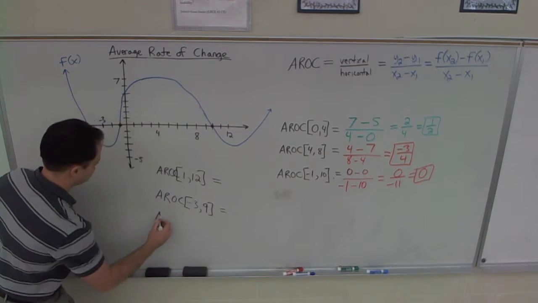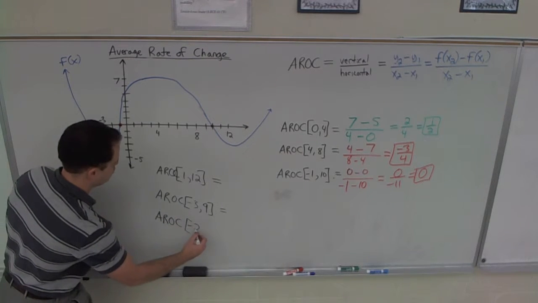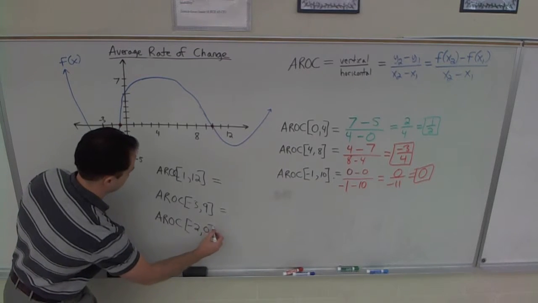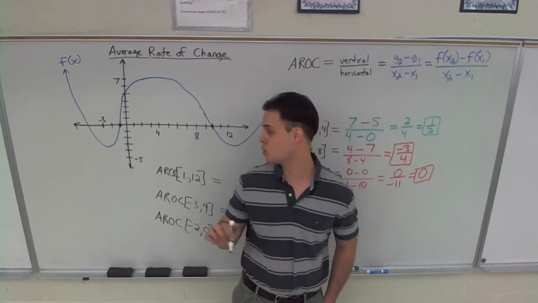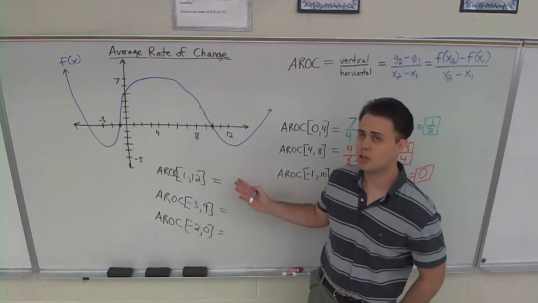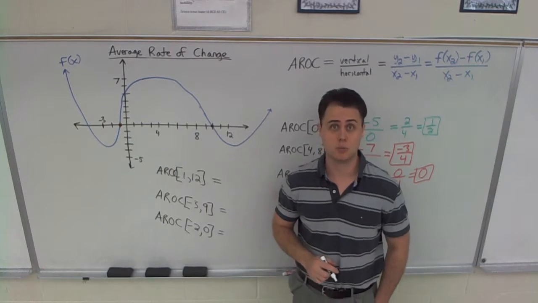And let's do the average rate of change between -2 and 0. So if you're watching the video at this point, you want to pause and try these 3 problems out. Remember, you're not going to be exact, but your answers should be real close to mine. I'll put those on coming up.